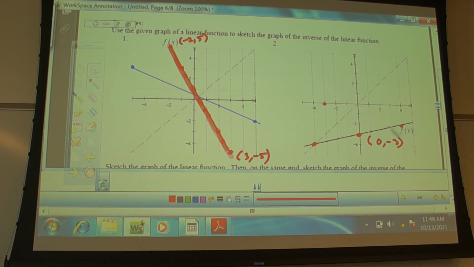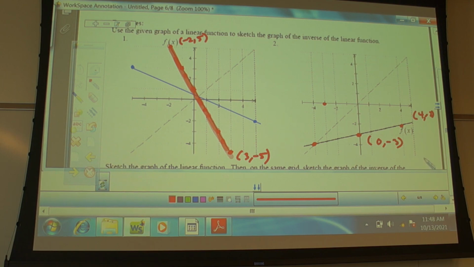And then this one here is, what is that, 4, -2 becomes -2, wait. That's not right. I think you're right. 4, -2 becomes -2.